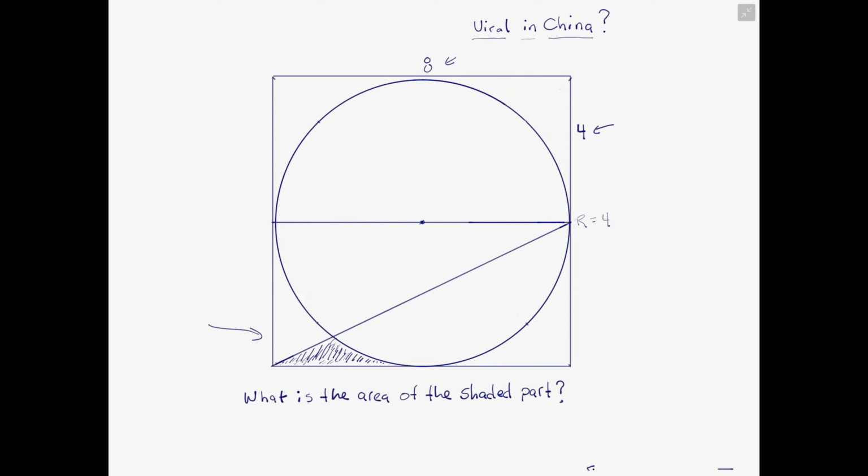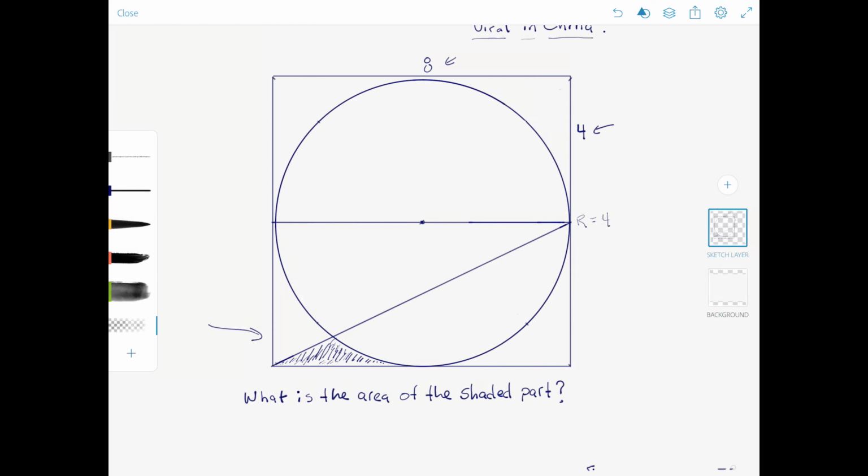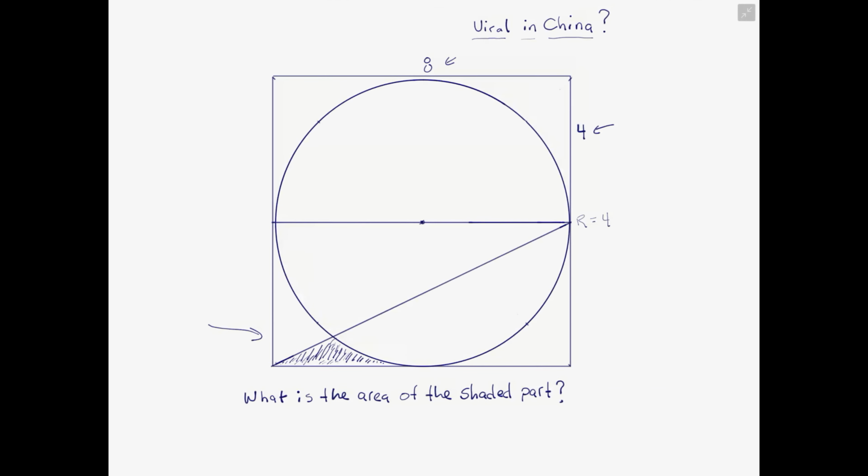The diameter is 8. And so we have this diagonal, and this diagonal parses the problem up in such a way that it divides the corner area that's outside of the circle within the square, and it bisects it, not evenly, but it does bisect that corner area right over here.